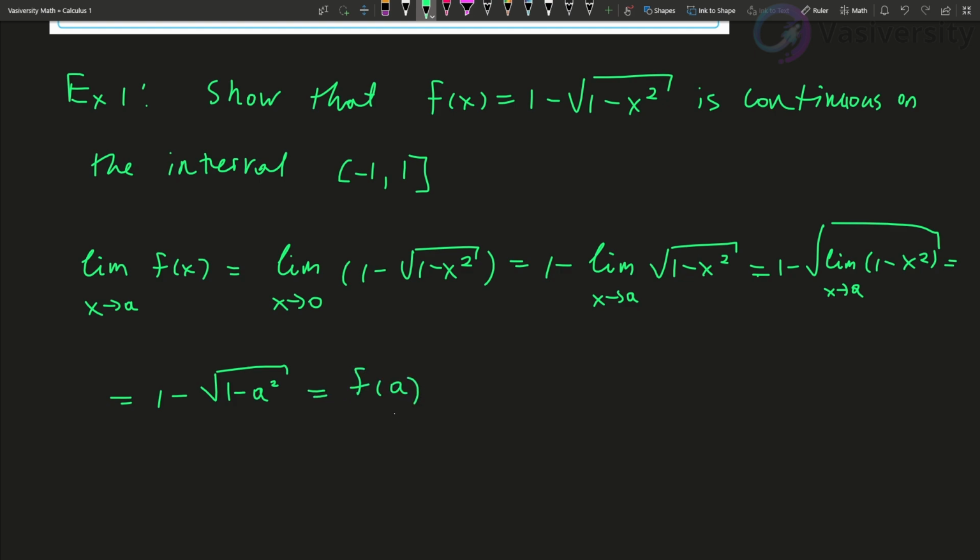We just reached the definition of continuity. So that's it, we're done. We proved that the function is continuous.